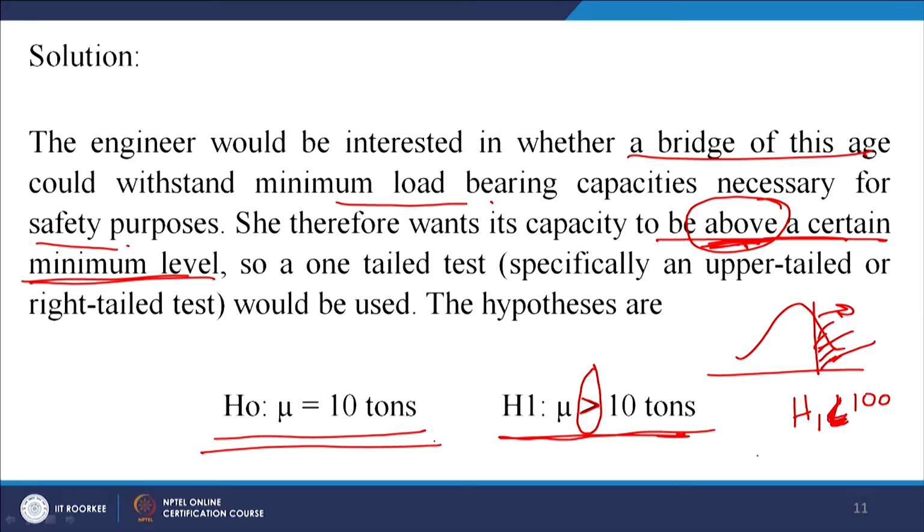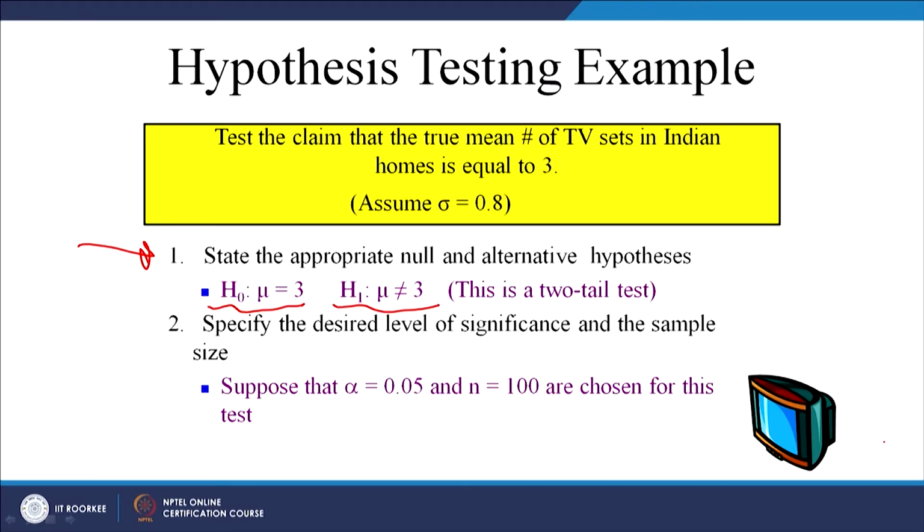And if the sign is a not equal to type in the alternative hypothesis, then you will use a two tail test. So, keep in mind, for less than or greater than types of sign you will use one tail. If it is a not equal to sign, you will use a two tail test. So, this is a case of a two tail test.